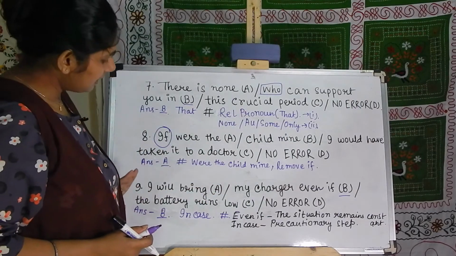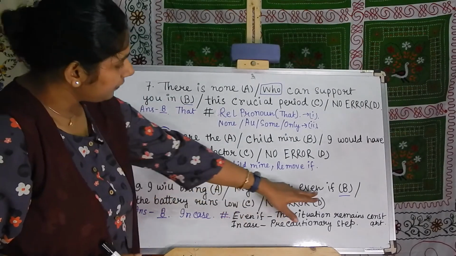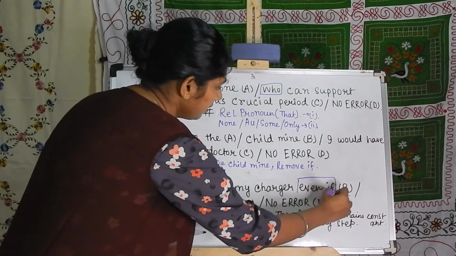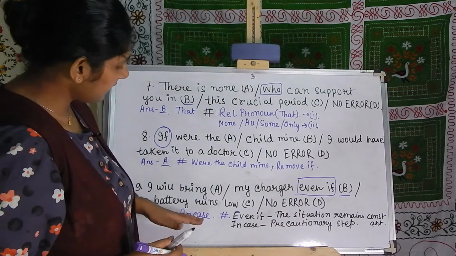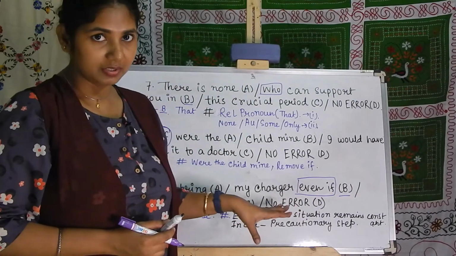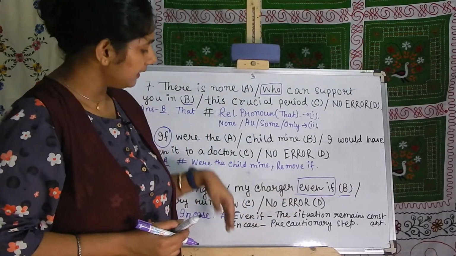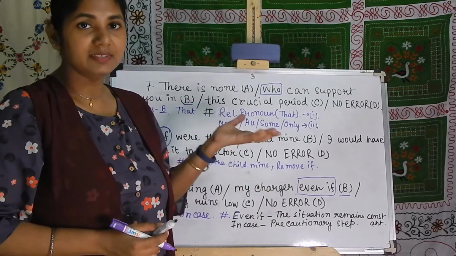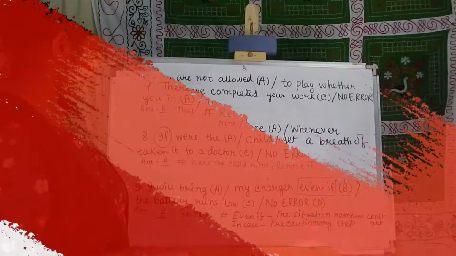And in question number 9, instead of even if, you have to write in case, because even if refers to a situation that doesn't change, and in case refers to a precautionary measurement or step taken by the person.